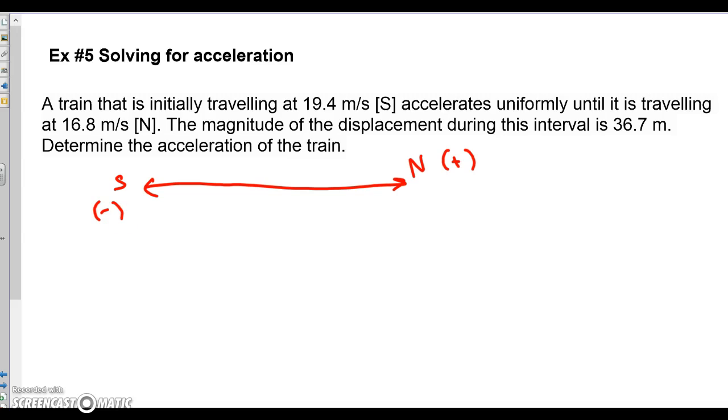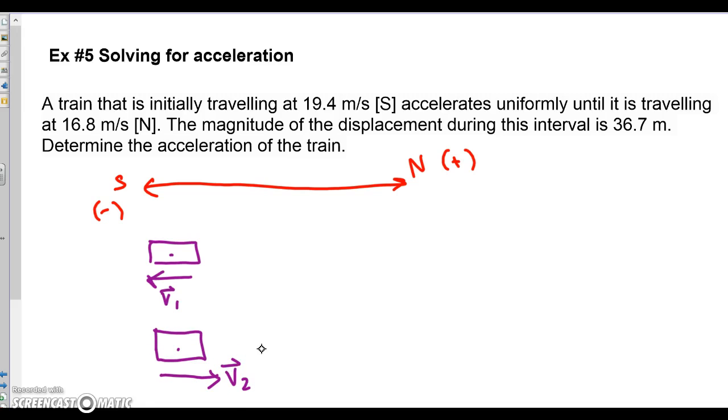We know that initially, at some initial position, we don't actually know where that initial position is, but let's say snapshot 1, we're just taking a picture of the car initially. It's traveling to the south with some initial velocity. And then sometime later, some next snapshot, it's traveling north at v2.